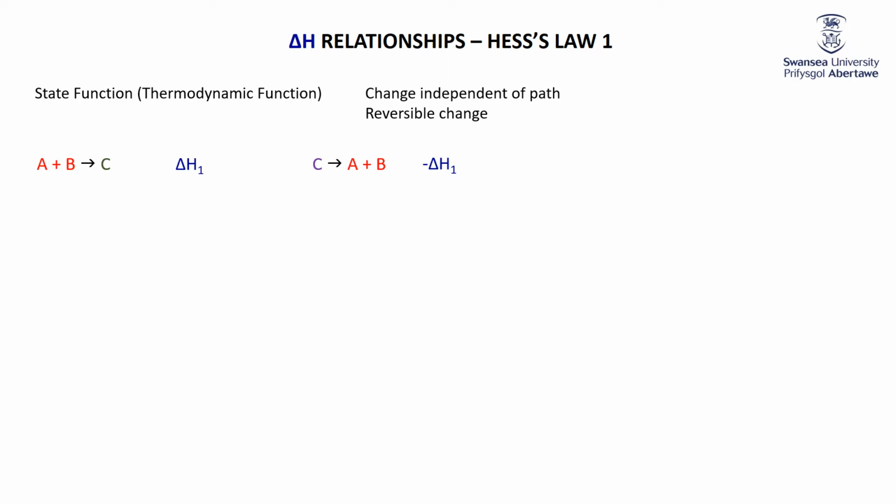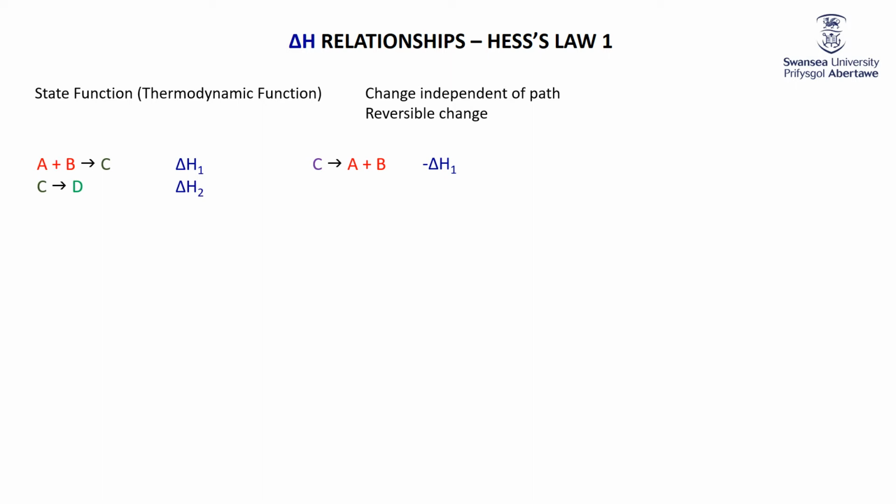Because you start and you end, and all you care about is the difference between them. If going from the start to the end is one value, going from the end back to the start is minus that value. Also importantly, the path independent aspect.